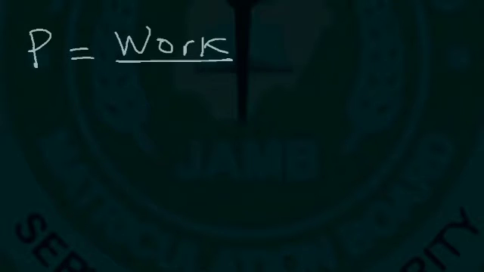Now the next variable that we need to go over is power. What do you think power is? Power is the rate. It's the rate of energy being transferred. So power is work divided by time. The unit for power is watts. 1 watt is 1 joule per second.